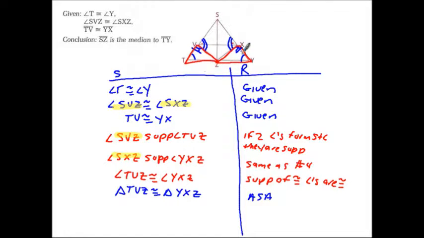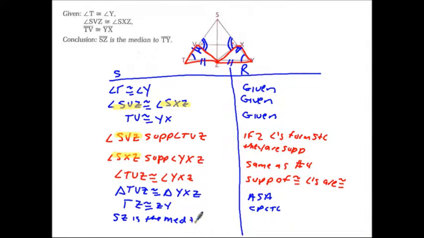I can say that TZ is congruent to ZY by CPCTC. Now, if I know that I have that, that makes Z the midpoint. And if a segment is starting at a vertex and connecting to a midpoint, we know we're going to have a median.